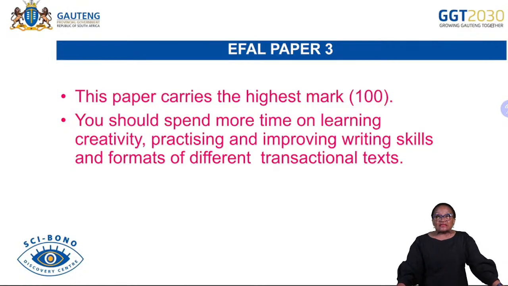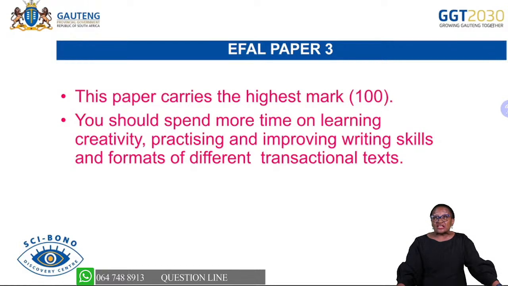Today's lesson is basically on paper 3. Remember, this paper carries the highest mark, which is 100, as compared to the other two papers where one is out of 70 and the other out of 80. So given this weighting, you should spend more time on learning creativity.